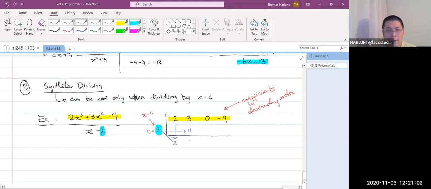And then you add. Repeat the procedure. 7 times 2, 14, you put it here. And then you add. Then 14 times 2, that's 28, you put it here. The last number, you box it.